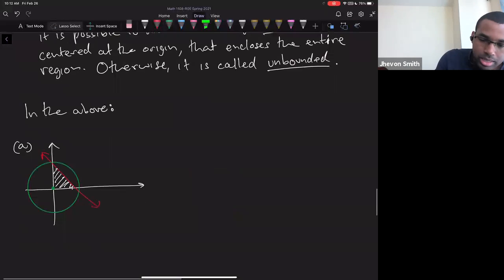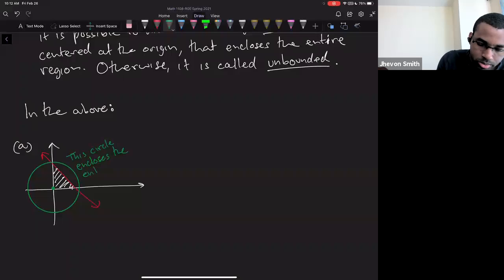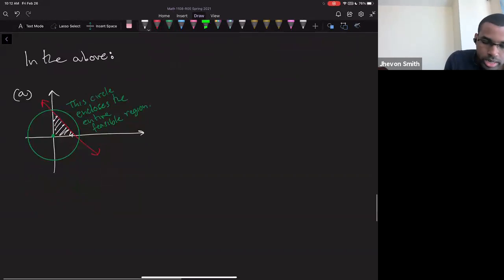So this circle encloses the entire feasible region. So here, the feasible region is bounded in this case.